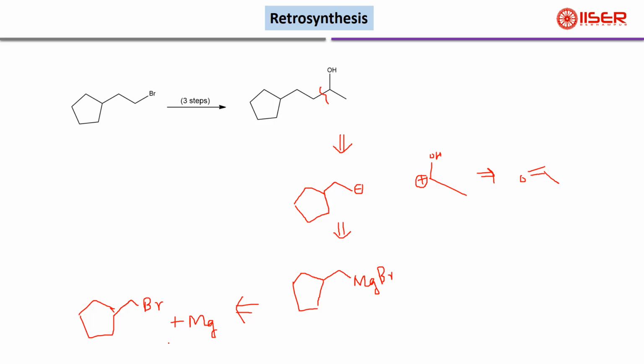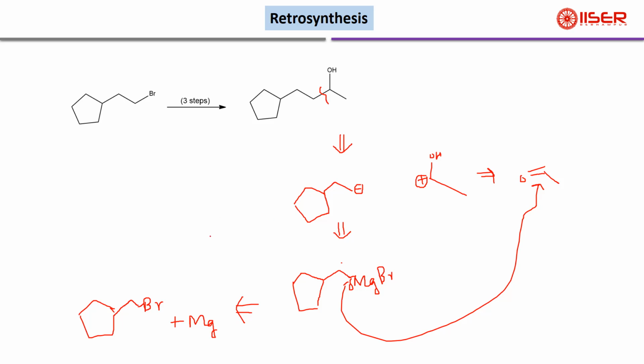If you add magnesium to this alkyl bromide, it will form this Grignard reagent. Sorry, I just missed one carbon. This Grignard reagent has a delta negative charge at this place. So this will react with our aldehyde and form this alcohol.